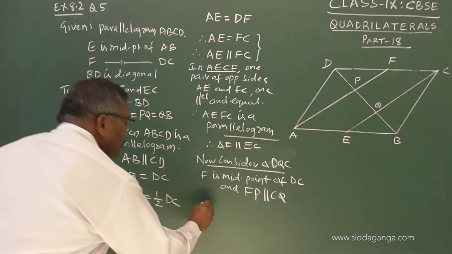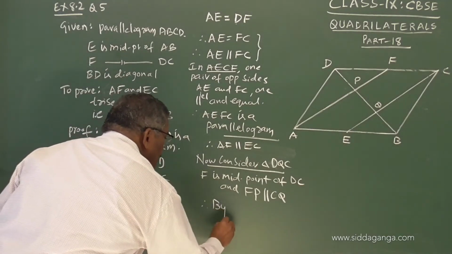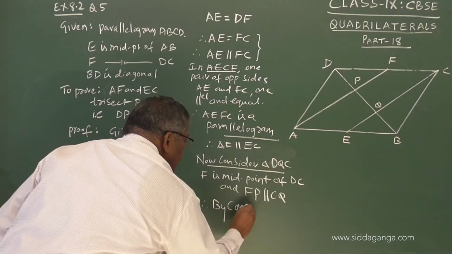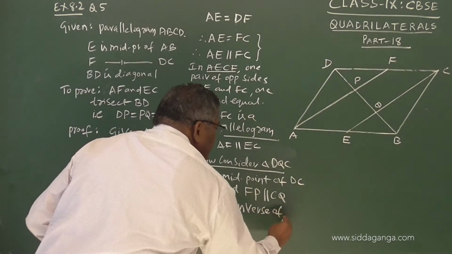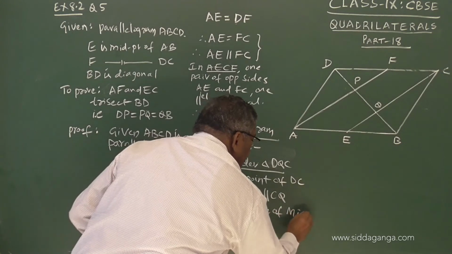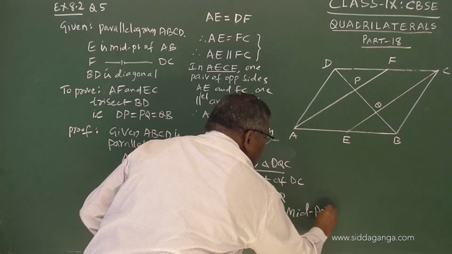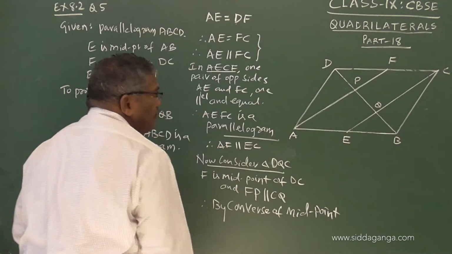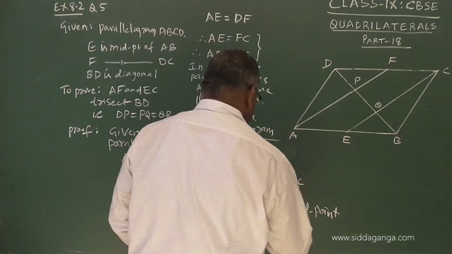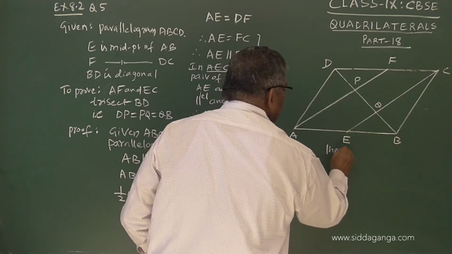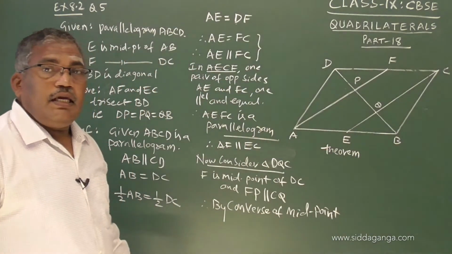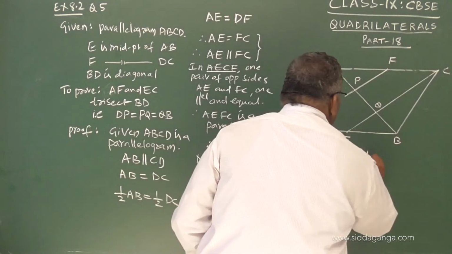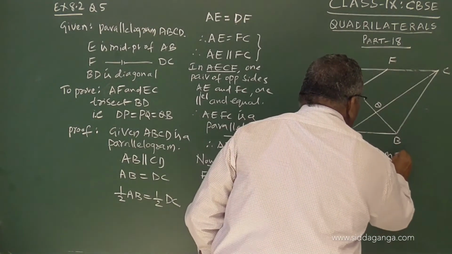So therefore by converse of midpoint theorem, P is the midpoint of DQ.